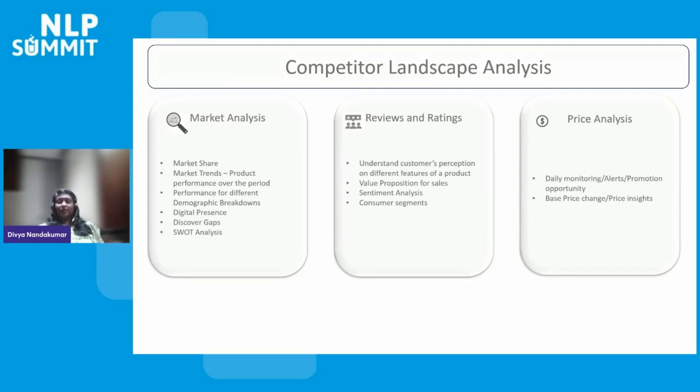As well, it will connect to the internet and get the competitor market share based on the published general ledgers that are available out on the internet. Similarly, one can also analyze the market trends as to how the product is performing over a given period of time. And when it comes to the reviews and ratings, it is about understanding the end user's perspective of the features and so on.